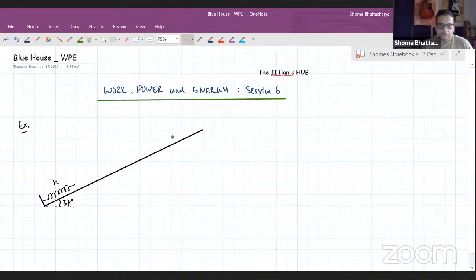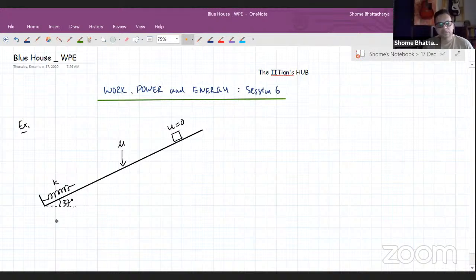And a block is released from this position from initial speed 0. This has a coefficient of friction mu.